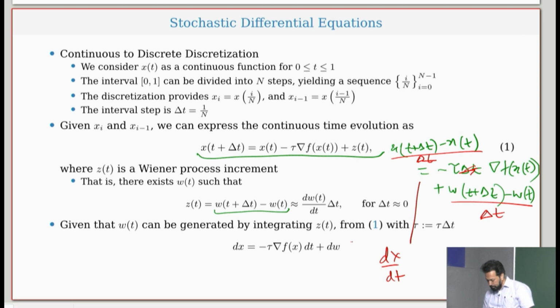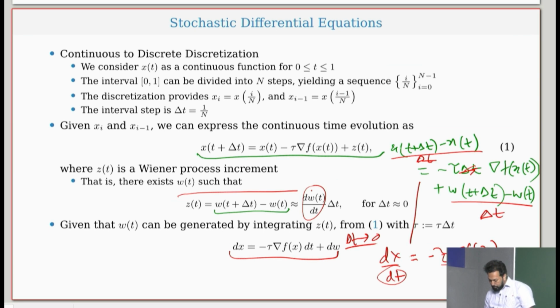Now I take delta t tends to 0. dx by dt is equal to minus tau grad f x, plus W t plus delta t minus Wt by delta t, limit tends to 0. This is defined to be dW by dt. And now if you multiply by dt on all sides, then you get dx minus tau grad f xt dt, and dt also goes away from here. Okay, so this is how we go from discrete to continuous.